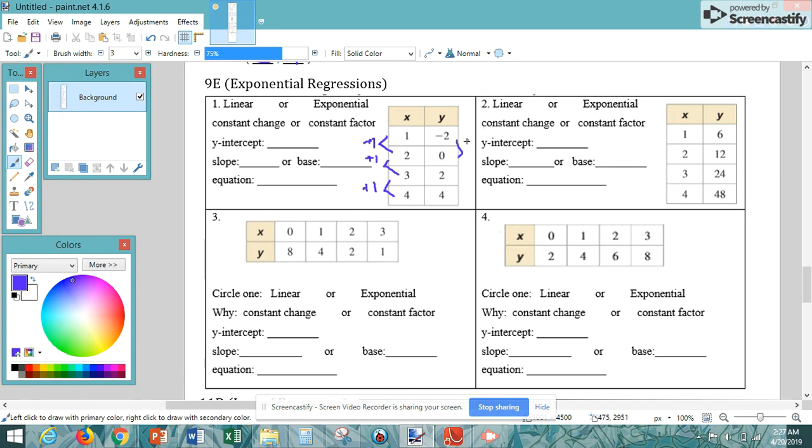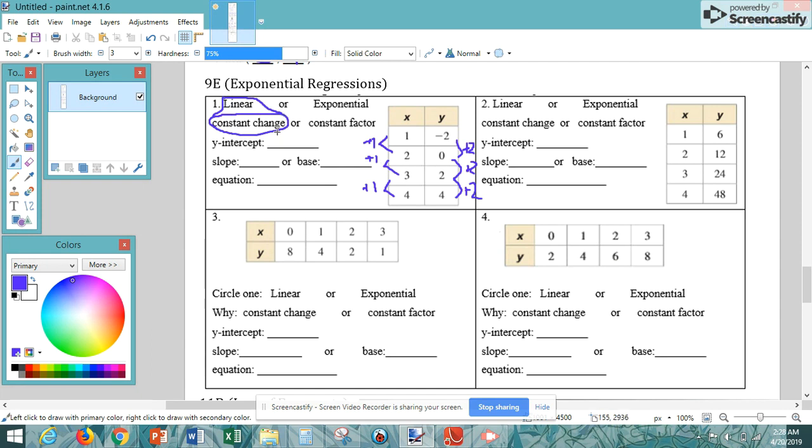Okay, now we're going to look at the y's. So from -2 to 0, you add 2. 0 to 2, you add 2. And 2 to 4, you also add 2. So this is going to be a constant change. It's a common difference. So that means that it's linear.